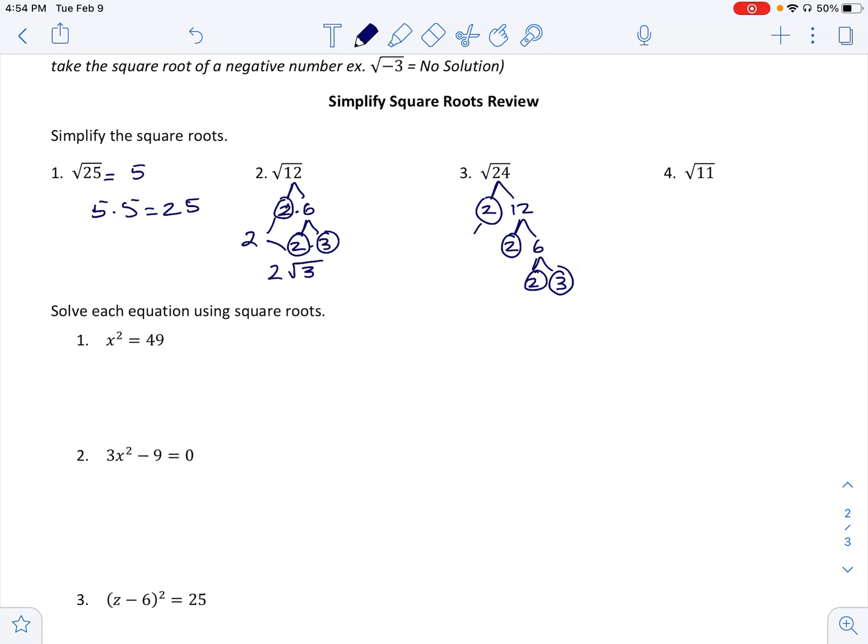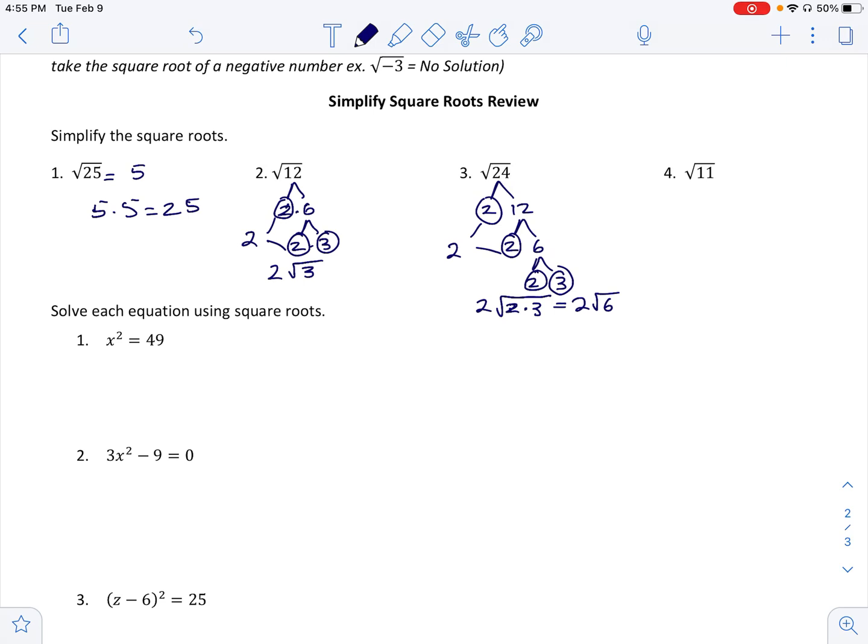Remember, every two prime numbers, one number comes outside of the radical. So we have a 2 outside the radical, and then we have a 2 and a 3 left over. So we're going to multiply 2 times 3. So the simplified version of this square root is 2 square root of 6.